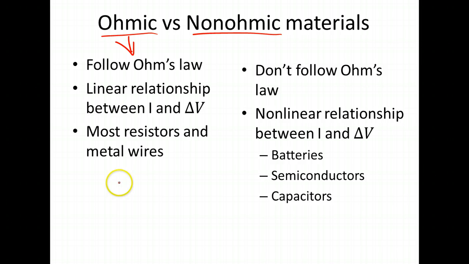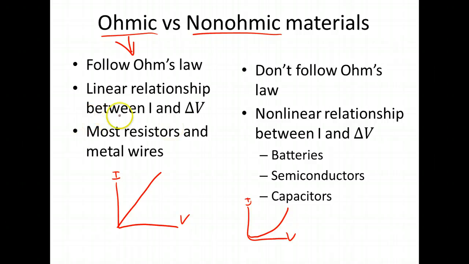When I look at a graph of current and voltage, there's always a linear relationship between those two in an ohmic material. In a non-ohmic material, I have some kind of non-linear relationship between those two if I'm looking at a graph.